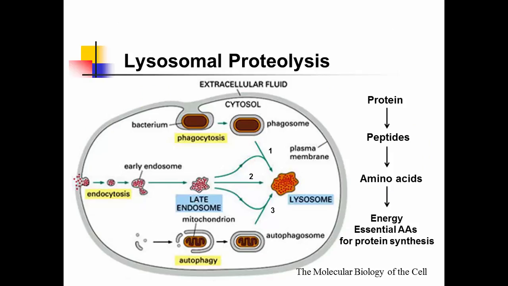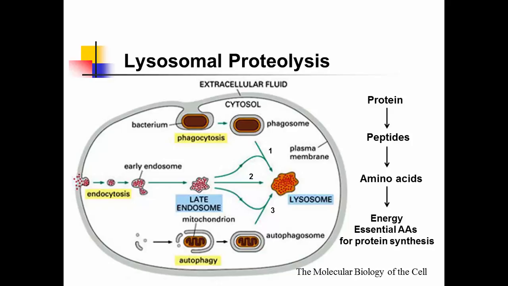And this diagram, I think, is also important to show you the three different pathways: vesicle fusion, macroautophagy, and microautophagy pathways, right?